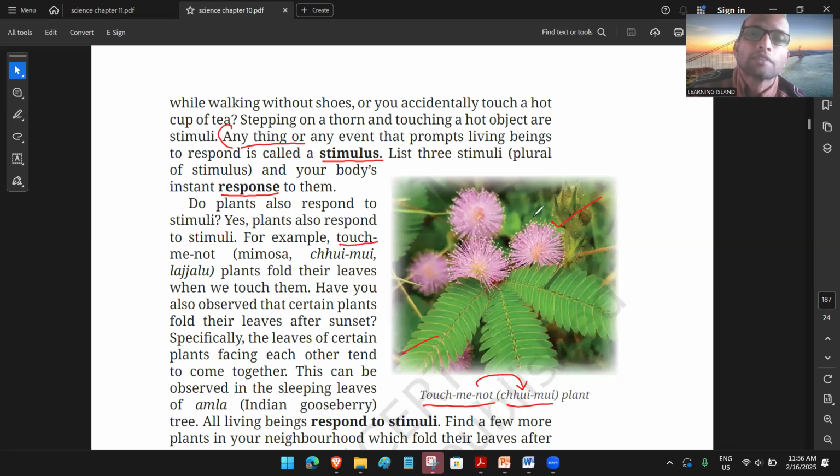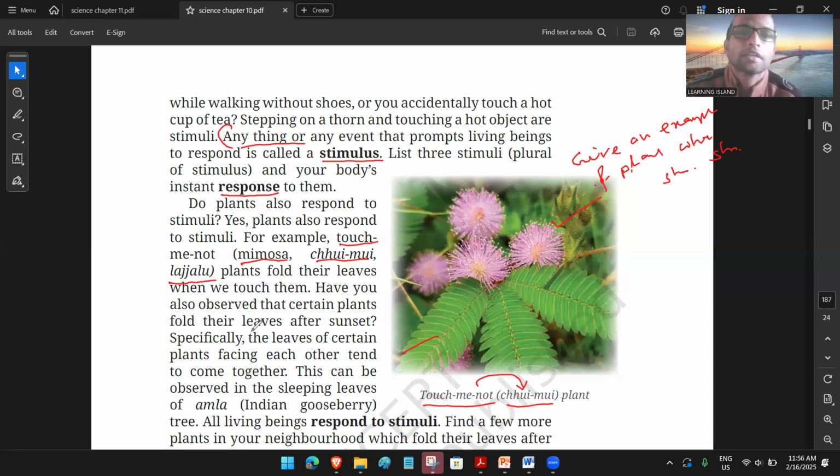Plants also respond to stimuli, for example, touch-me-not. You will be asked a question: give an example of a plant which shows stimuli. That is touch-me-not or mimosa, chui mui, lajalu plant.